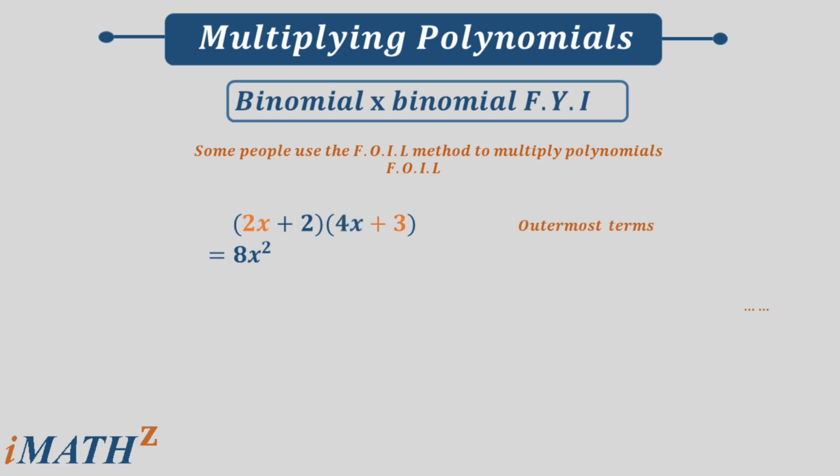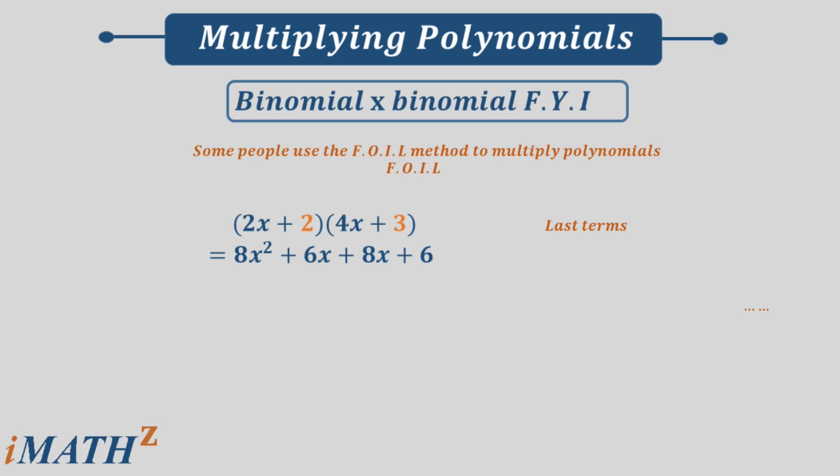Now for the O in FOIL, the outermost terms are 2x and 3, and if we multiply 2x times 3, we get 6x. The I in FOIL stands for innermost, and the innermost terms are 2 and 4x. Multiplying 2 times 4x gives us 8x, and the last terms are 2 and 3, and if we multiply 2 and 3, we get 6.